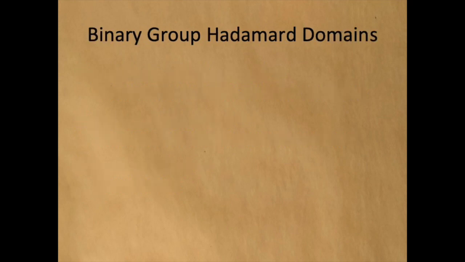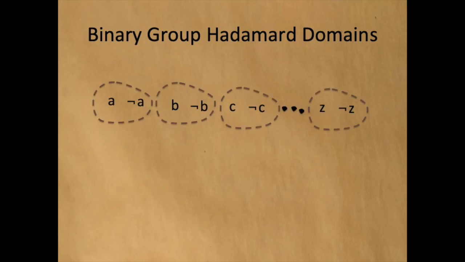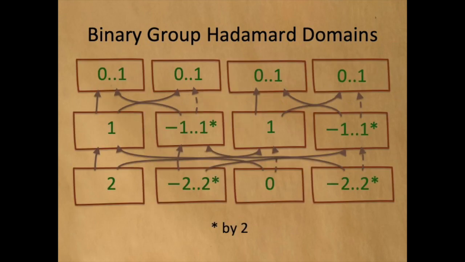We found it very useful to define a new kind of Hadamard domain called a binary group domain. Basically, we're going to have each value that we care about expressed by two adjacent decisions, A and not A, B and not B, C and not C, and so on. The values are redundant. However, this organization gives us a bunch of benefits. First off, we note that the Hadamard values down below in half the cells are constants.